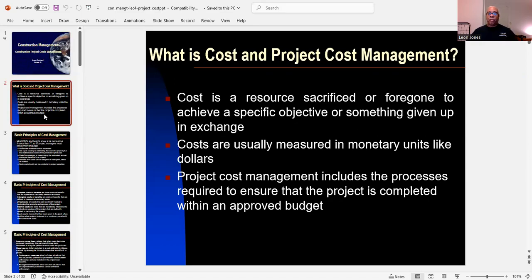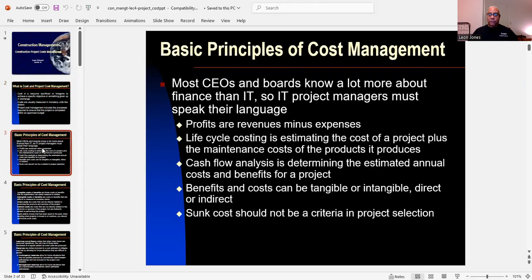Well, again, cost is a resource sacrificed or foregone to achieve a specific objective, or something given up in exchange. Now, as I stated before, costs are usually measured in monetary units like dollars. Now, project cost management includes the processes required to ensure that the project is completed within an approved budget.